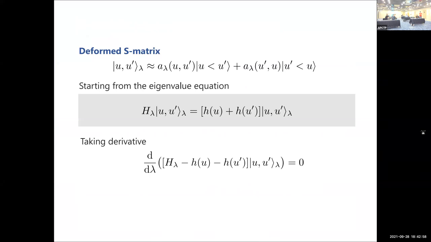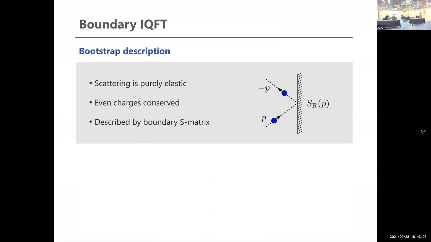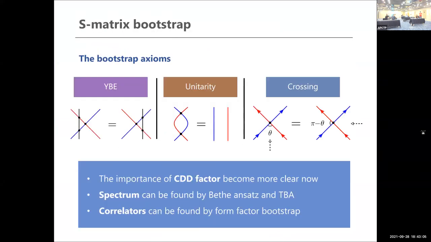The understanding was that initially they were a nuisance, but now it's usually interpreted as containing the details of the dynamics in the cross channel related to dressing factors and so on. But my impression was you wanted to say there was yet a new one. What do you mean by the importance of the CDD factor becoming more clear now?